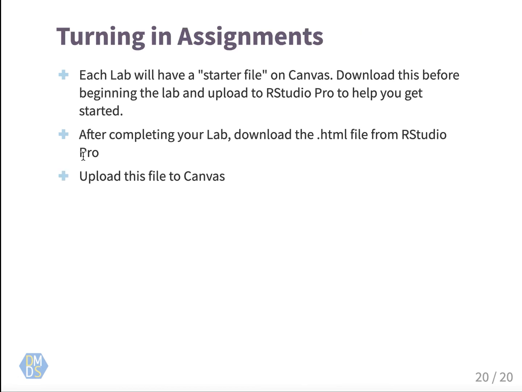For turning in assignments, each lab is going to have one of these starter files on Canvas. You're going to download this at the beginning of lab and then upload it to RStudio Pro to help you get started. After completing your lab, you're going to download the HTML file from RStudio Pro and upload this file to Canvas. Let me just show you one more time how you do those pieces.